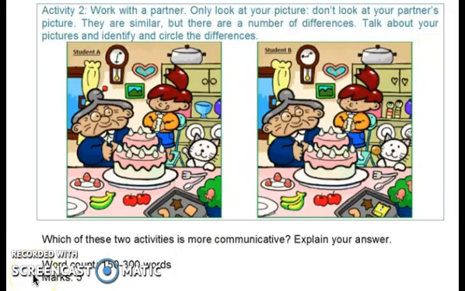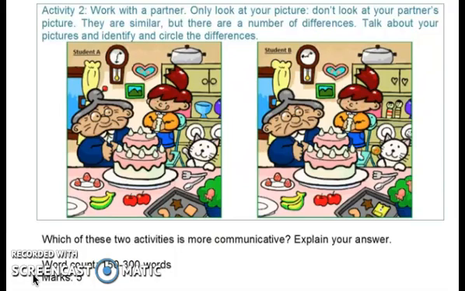So once you've looked at activity 1 and activity 2, you need to compare what the pros and cons are of the two activities and think about them from a communicative approach. Remember that in week 1, we are focusing on teaching communicatively.